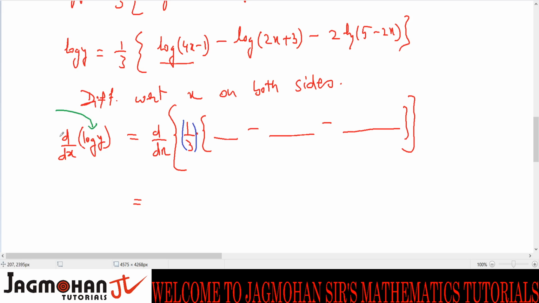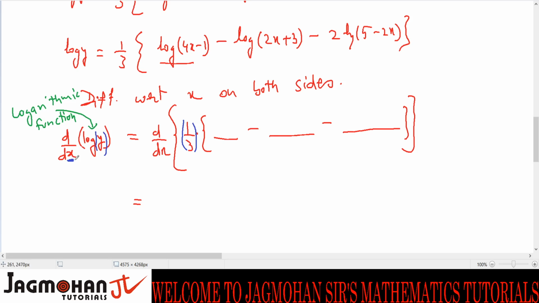Mind it students, every single time you differentiate a function, you need to name the function. It is logarithmic function. Very good. Now tell me, what is the variable of this function? The variable is y. Is the variable matching with this? That is very important.